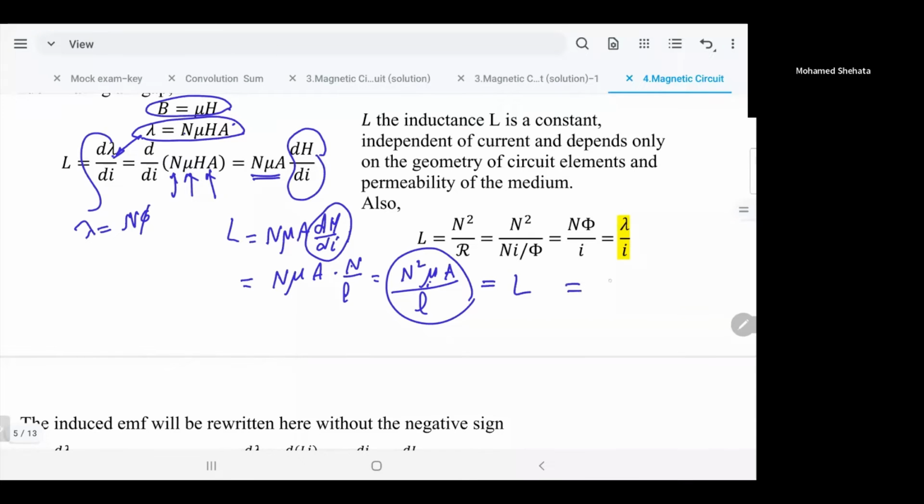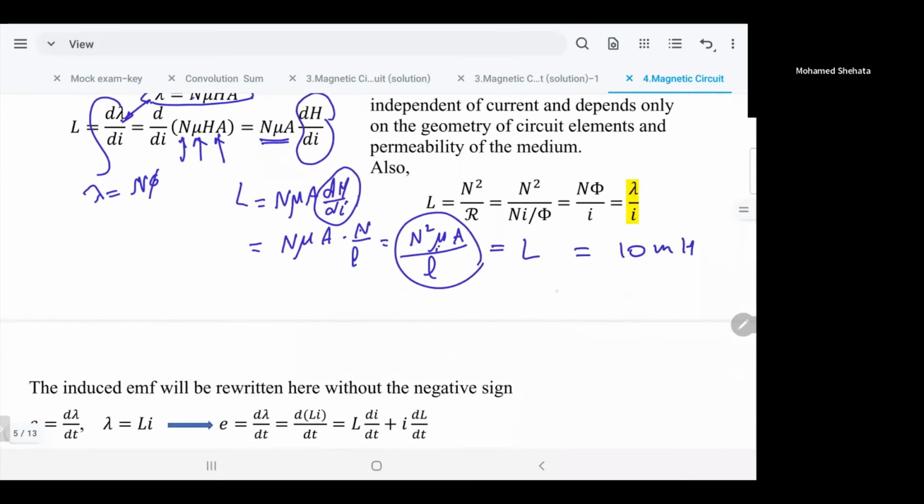If you say I want to make 10 millihenry, that's the equation that you have. You design. L is the length. If you want to make it in a core, that's your length here. The number of turns of the coil is N. You don't need the value of the current, by the way.